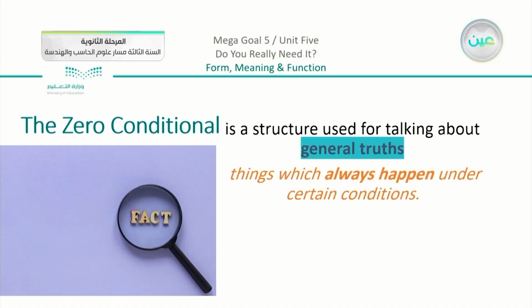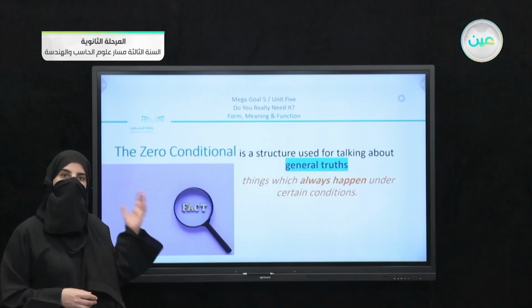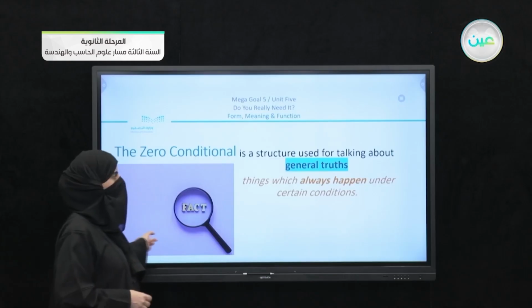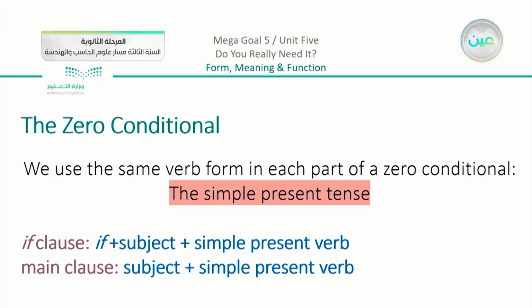So when you say that the sun rises, the moon appears at night, these are general truths, these are facts. So as we deal with these facts, these general truths, when I use them with if, there is zero possibility for anything else to happen. So when I use if with zero conditionals, we use the same verb form in each part of a zero conditional.